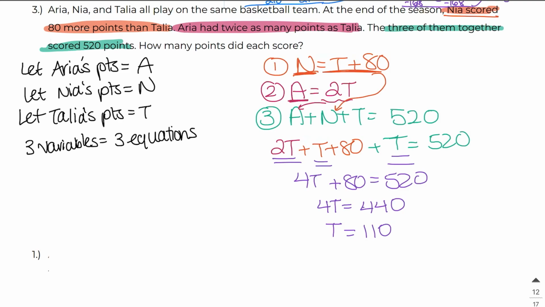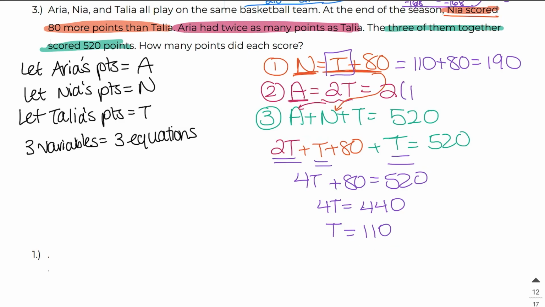Now, to find how much Nia got, I know what t is, so I can go through and replace this t with what t is, which is 110. So here I can say that Nia's amount is 110 plus 80, which is 190. And same thing with Arya's. To find Arya's, we know that it's 2 times t, and the t here is also 110.